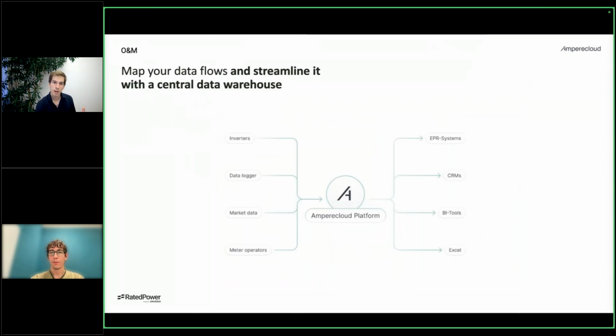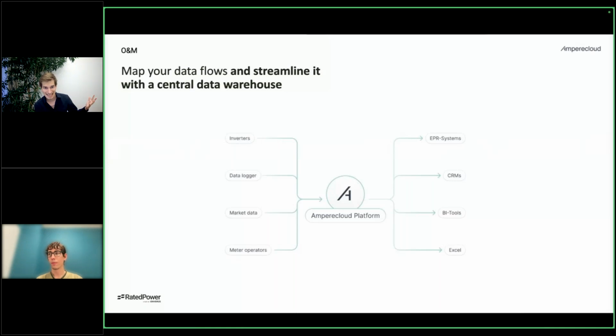So we always sit together with our customers. Usually when we start with them, or even before we start and sign a contract, we sit together with them and map their processes. We take a look at what kind of data inputs they have, like what sort of inverters they are using, what data loggers and power plant controllers, what sort of third-party data they use, like market data, metering data, grid operator data.